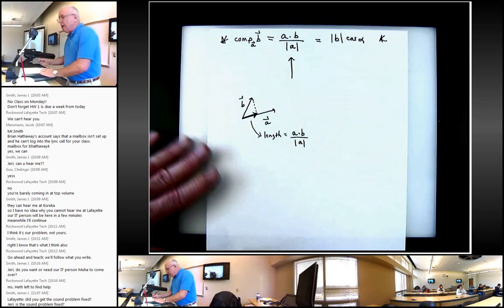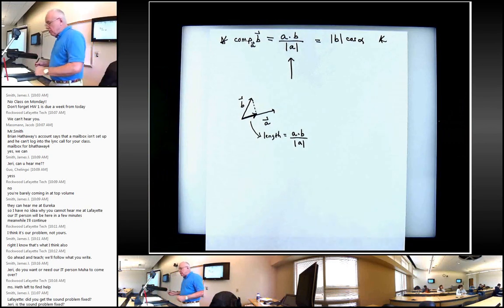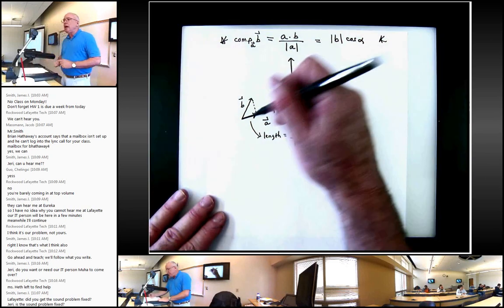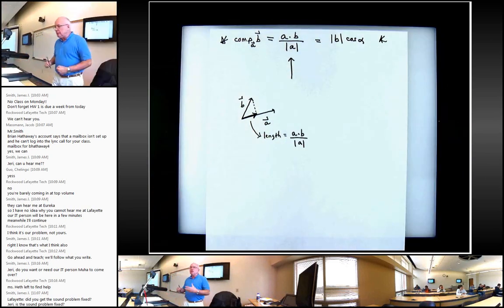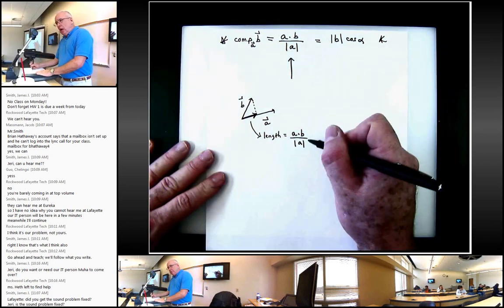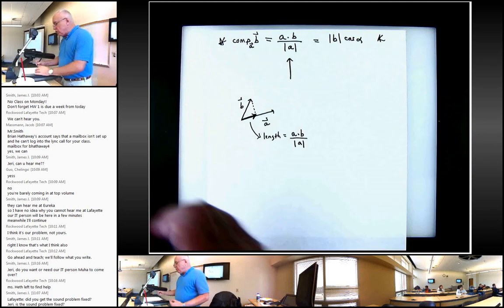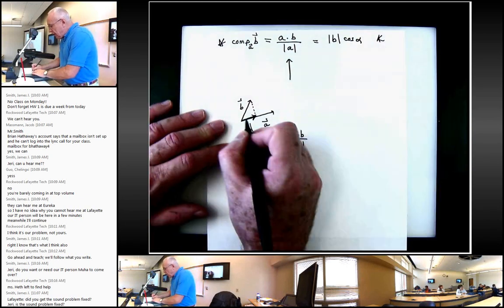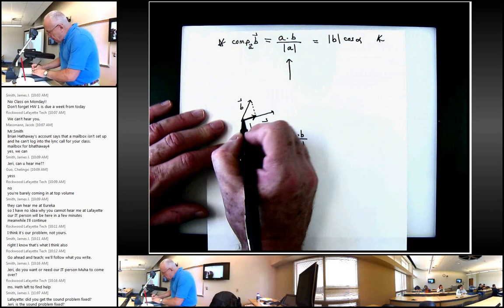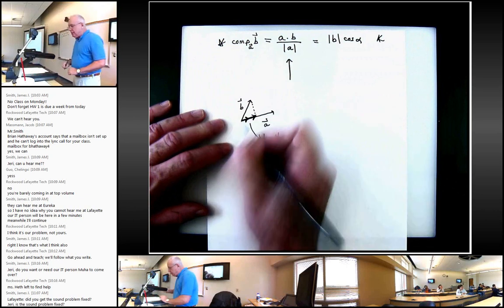Now A here can have any length. We don't know how long A is. It's just a non-zero vector. To write this vector, we know how long it's got to be, but what we need to do first is get the unit vector corresponding to A. The unit vector, of course, is going to be some much smaller vector, presumably, right there.